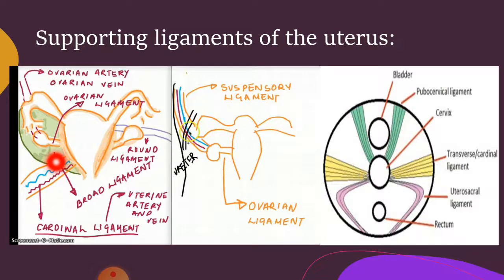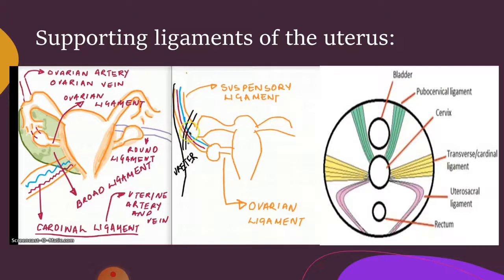The broad ligament is formed by a double fold of peritoneum, one on each side of the uterus, and they hang down from the uterine tubes like a drape, and at their lateral ends, they will be attached to each side of the pelvis.